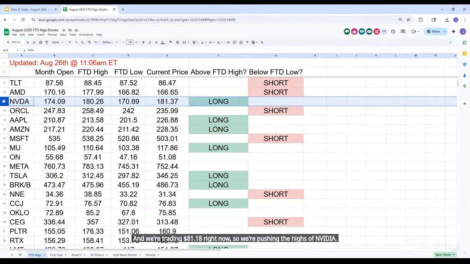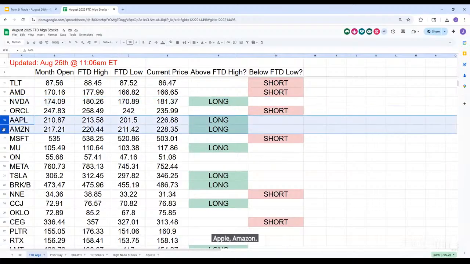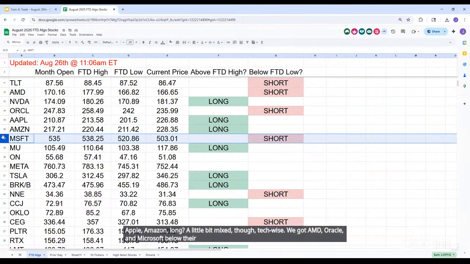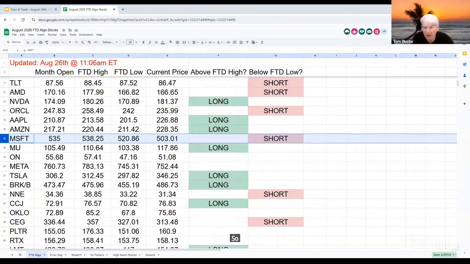And that after the close is tomorrow on the earnings for NVIDIA. Apple, Amazon, long. A little bit mixed though, tech-wise. We've got AMD, Oracle, and Microsoft below their first 3 days low for the month. So that means if they're below that, you would be thinking about bearish calls, selling call spreads.